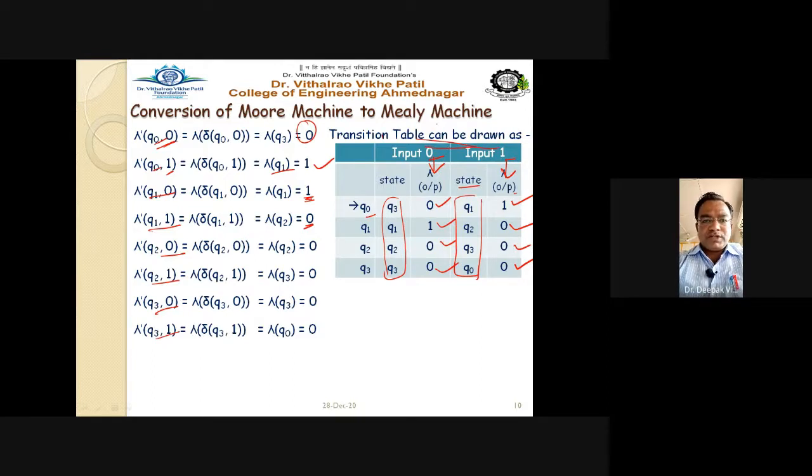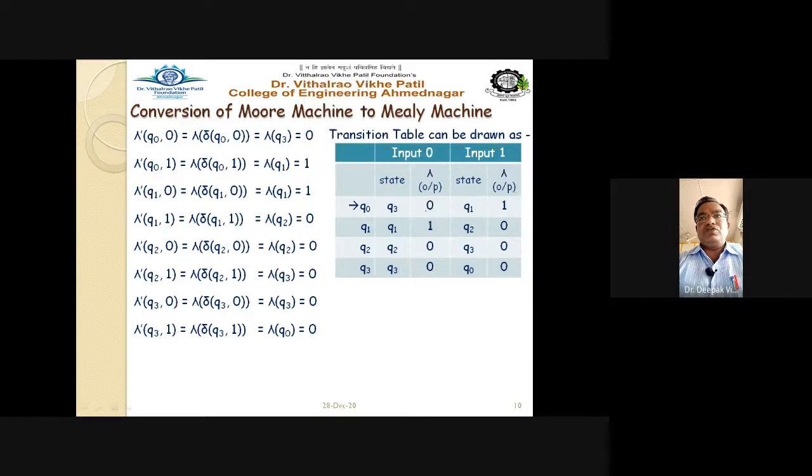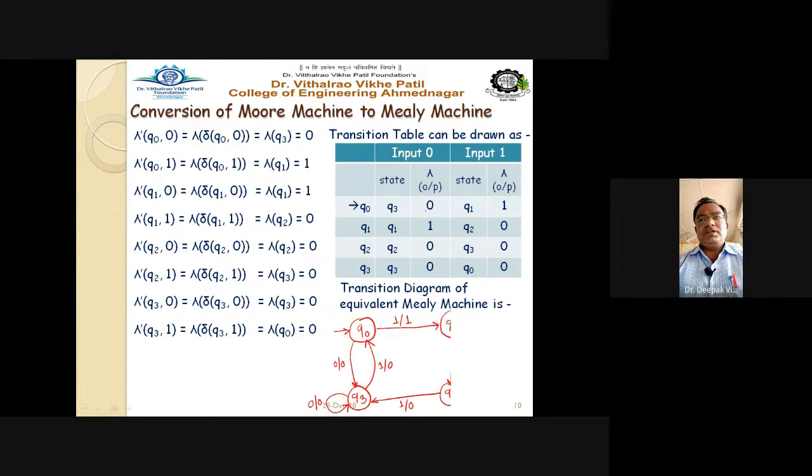Once the transition table is clear, you can draw the transition diagram. So how to draw the transition diagram? See here. This is the resultant transition diagram with q0, q1, q2 and q3, right? q0 on input 1 goes to state q1 and the output is 1, which is written here.